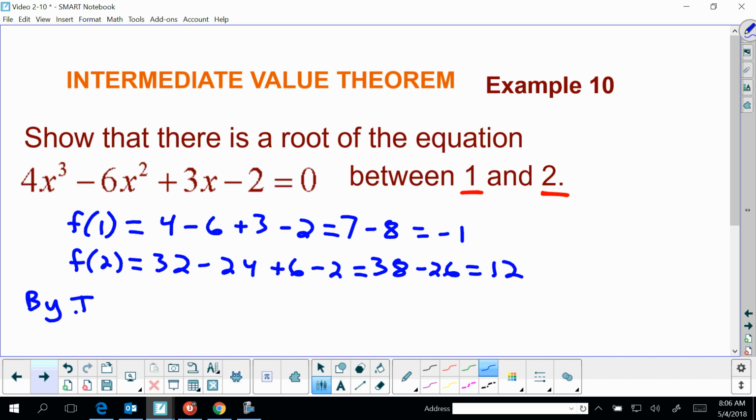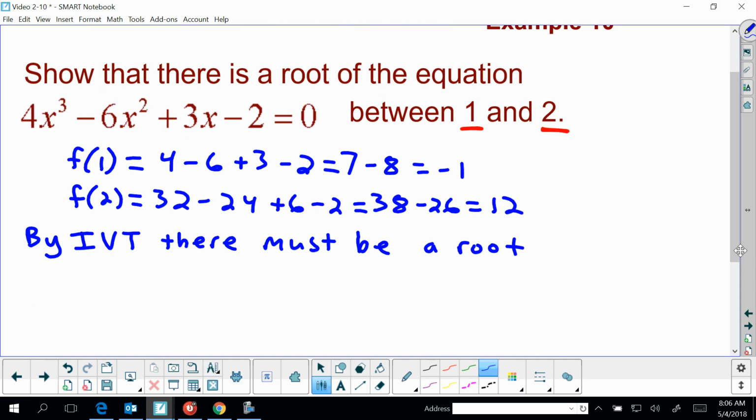So we're going to say by IVT, we can abbreviate it, the intermediate value theorem, there must be a root on the open interval (1, 2).